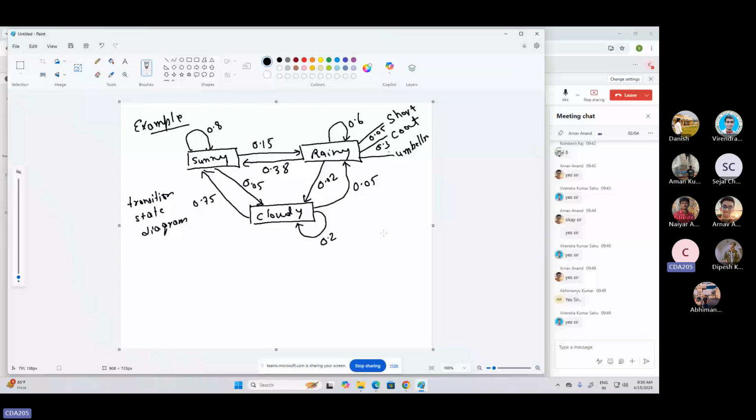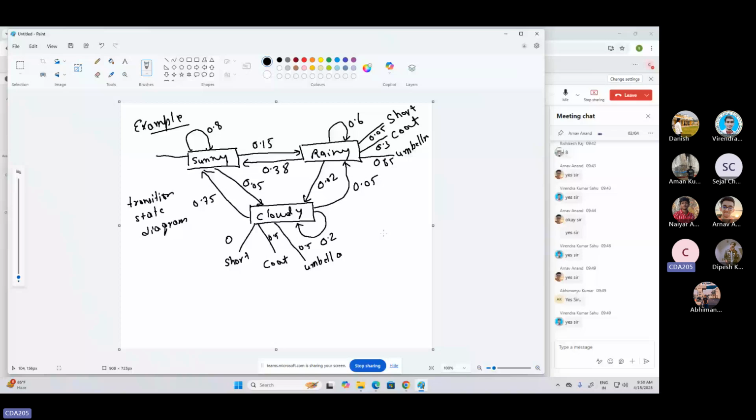Same with the cloudy. Having the short, it is 0 probability. Having the coat, it is 0.5 probability, and having the umbrella, it is 0.5 probability. Same with the sunny also.